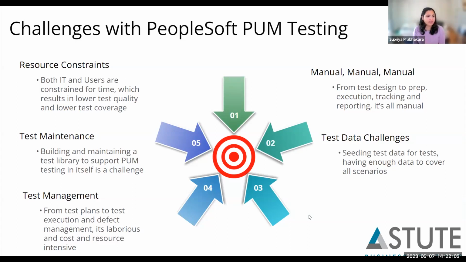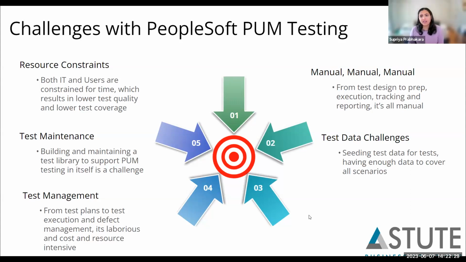And then the next one is the test maintenance. Since PUM updates are released regularly, and they have several bug fixes and enhancements, building and maintaining the scripts to align with those new features, enhancements and bug fixes is time consuming, and it's a challenge.